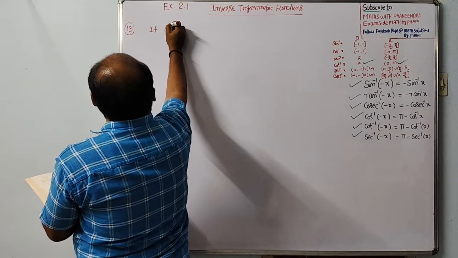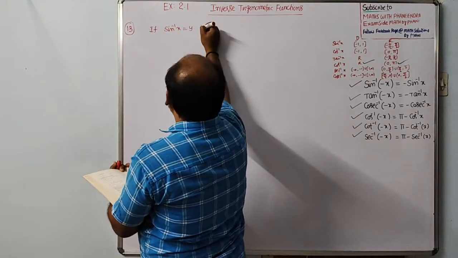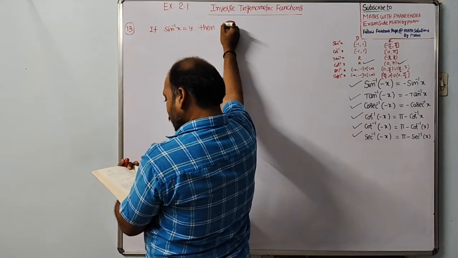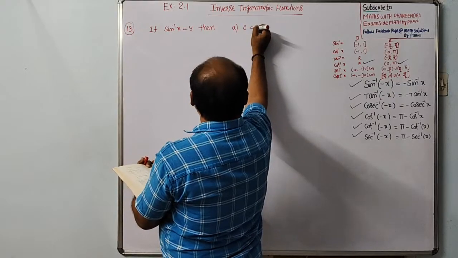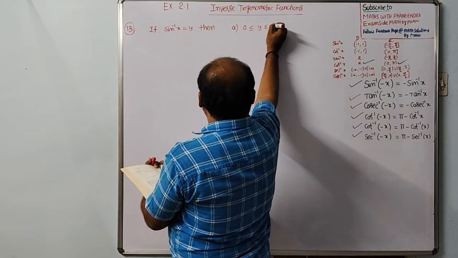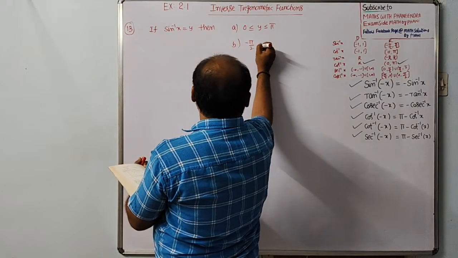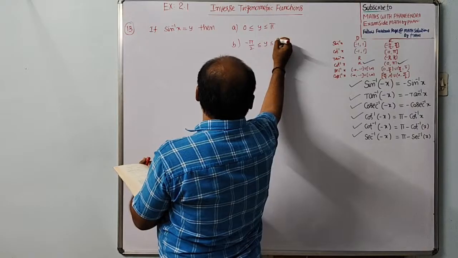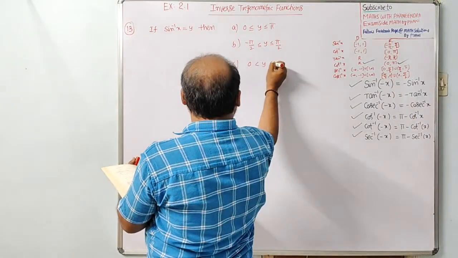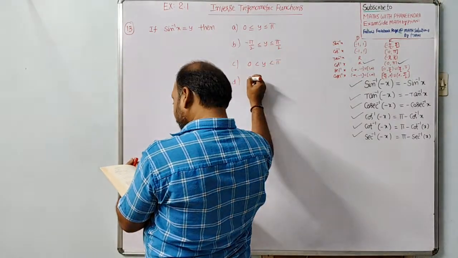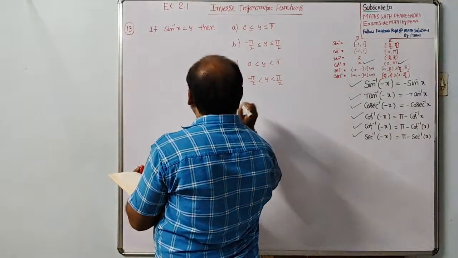If sine inverse x is equal to y, then: first option, 0 is less than or equal to y is less than or equal to pi; second, minus pi by 2 is less than or equal to y is less than or equal to pi by 2; third, 0 is less than y is less than pi; fourth, minus pi by 2 is less than y is less than pi by 2.